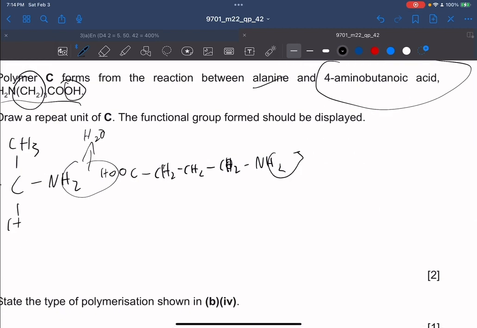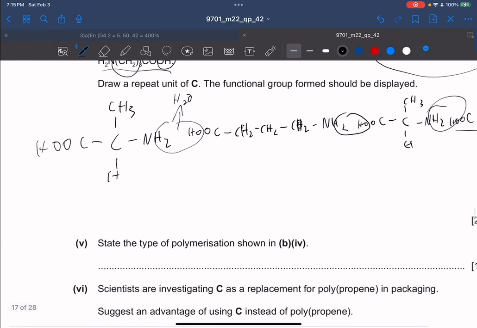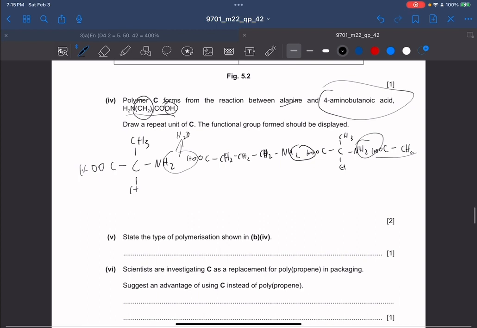On the other side here, you're going to have another COOH coming in here, and that's going to be from your alanine, COOH here, CH3 and H2. And then these two are going to react again. So you're going to have another one of these coming on here with the rest of the molecule over there, and then it's going to react. So yeah, you kind of have to imagine here, so that you don't waste time.